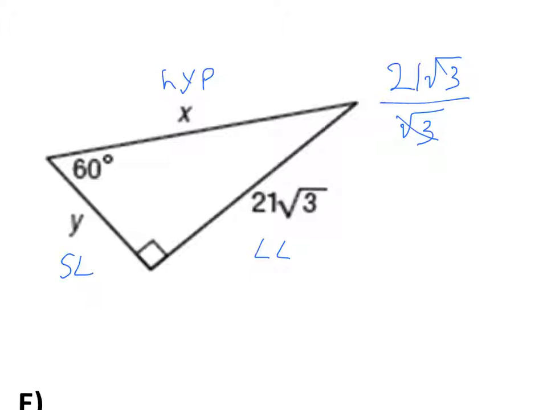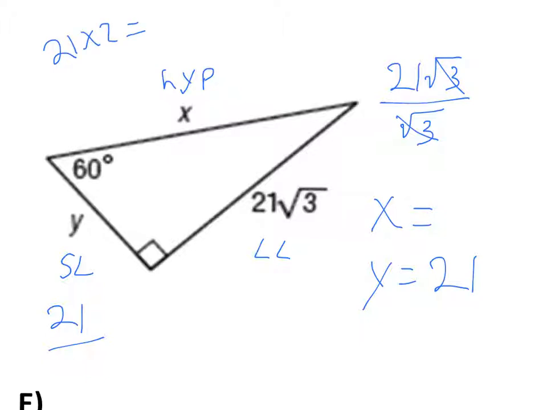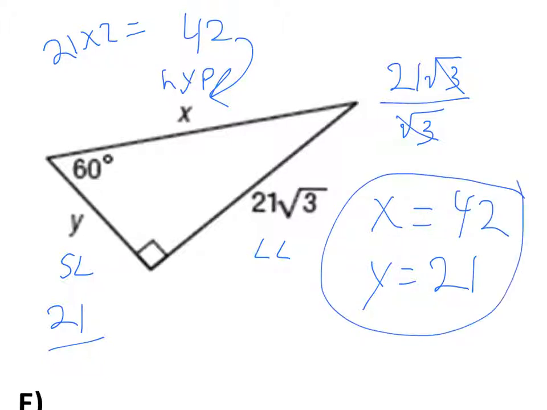Well, those cancel out, and we're left with y, the short leg, equaling 21. Well, remember, to go from short leg to hypotenuse, we multiply the short leg times 2. The short leg is 21. 21 times 2 is 42. That's the hypotenuse. You could check all of this with the Pythagorean theorem also. That would work.